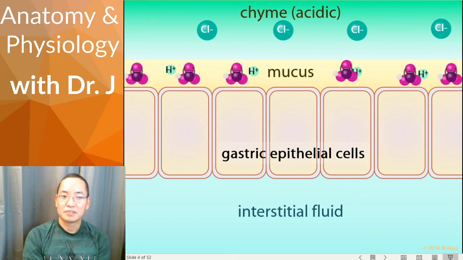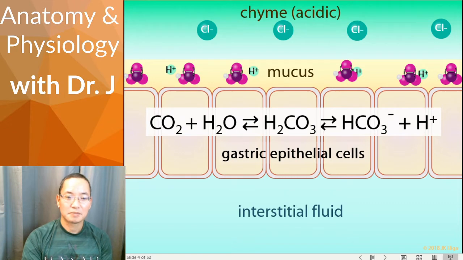But there's not only that. The thing about your gastric mucus is that it also has bicarbonate ions. This is why you need to know the bicarbonate buffer system. You can combine carbon dioxide and water to form carbonic acid, and then form bicarbonate and hydrogen ions. But remember, this is an equilibrium reaction. It can go both ways.